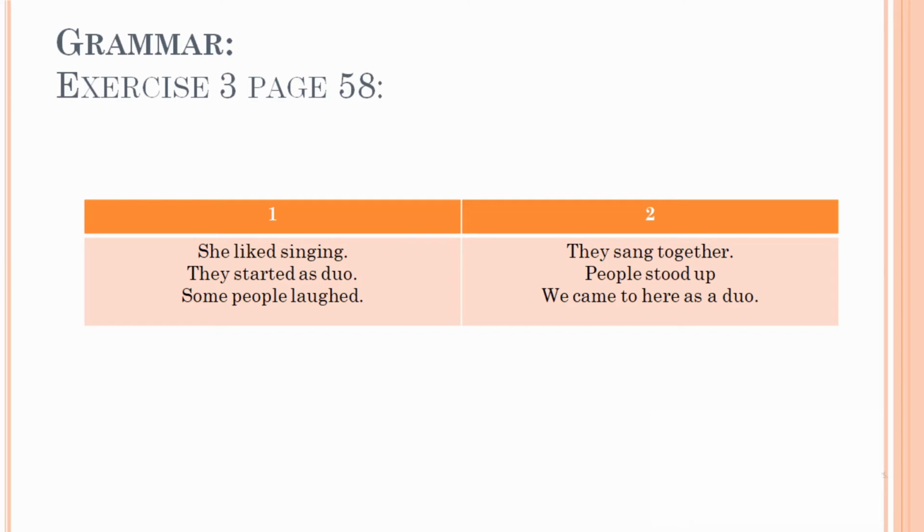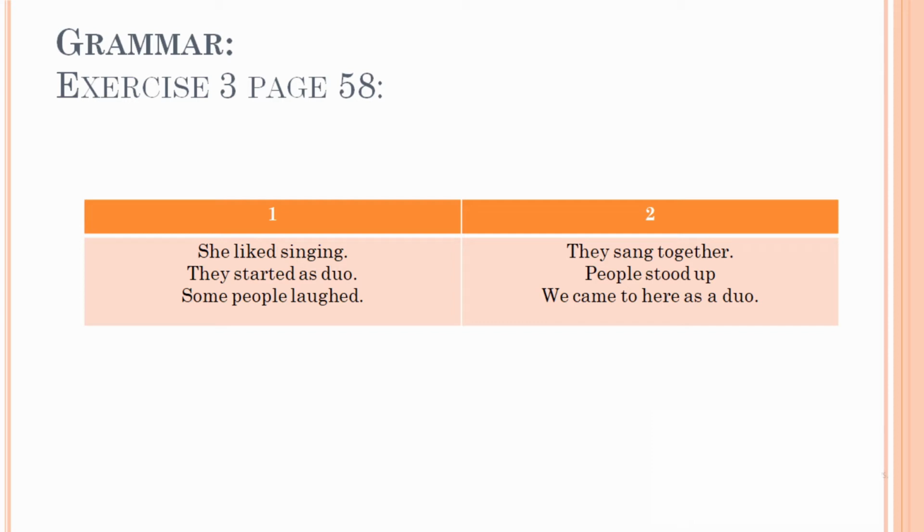On the second column, column number 2, we have: they sang together, people stood up, we came here as a duo. So we came here, not we came to here. In the first sentence, the verb to sing: sang is the past simple of the verb to sing.